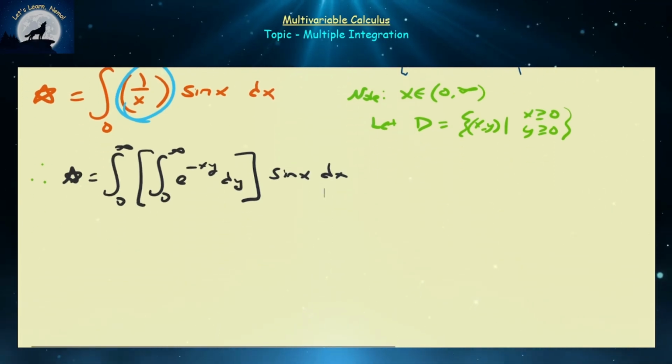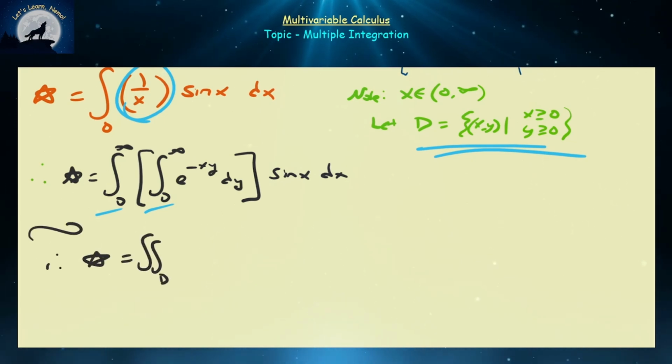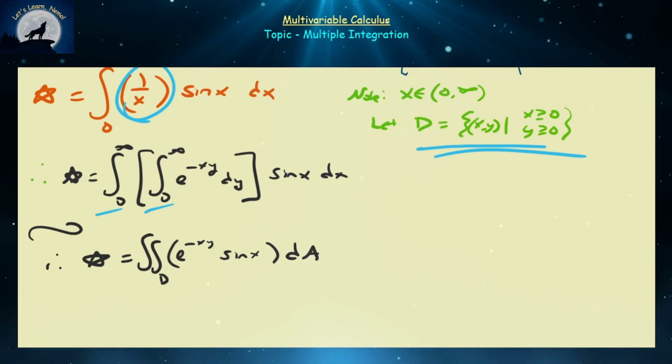Notice that I have a double integral here, 0 to infinity, 0 to infinity, so that's precisely the domain D, and then we have e to the minus xy dy dx, and since the domains are the same, when we have dx and dy, I can write it as dy dx. Either way is perfectly fine. Therefore the integral that we want to find is actually the double integral over D of the function e to the minus xy sine of x dA.